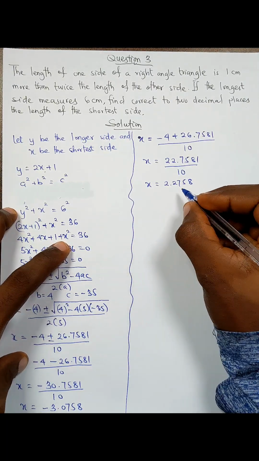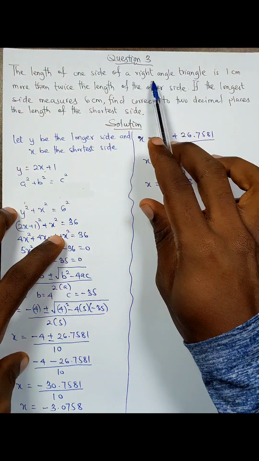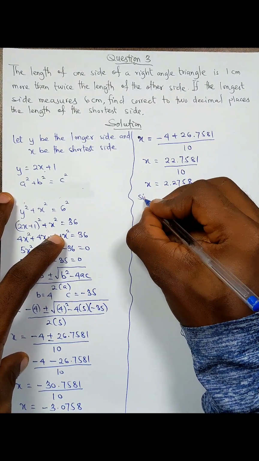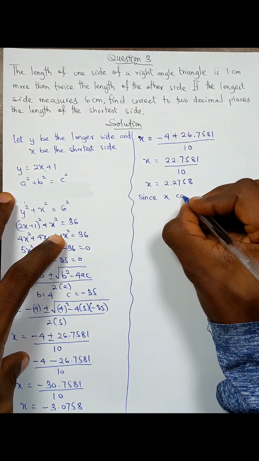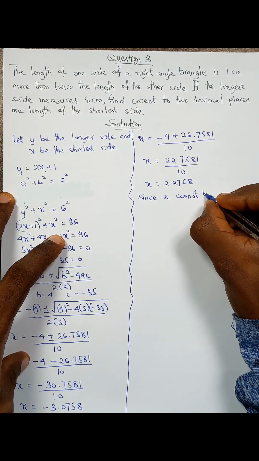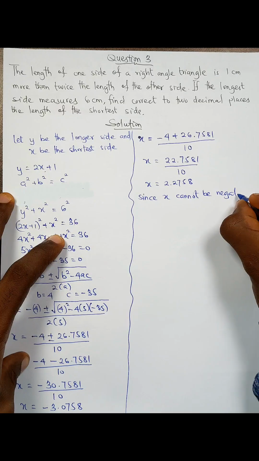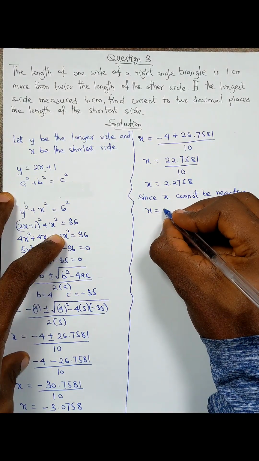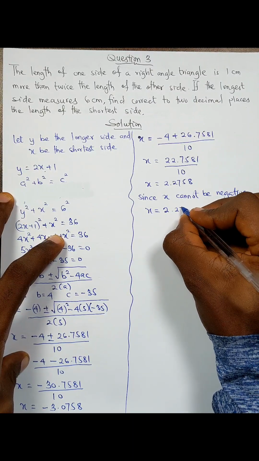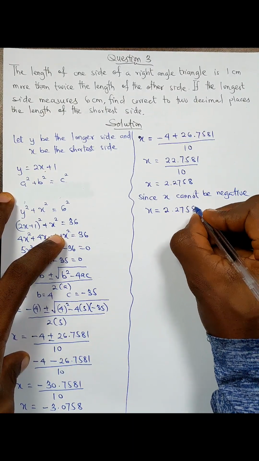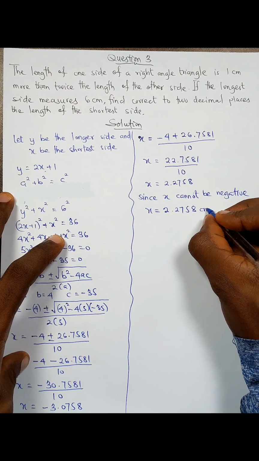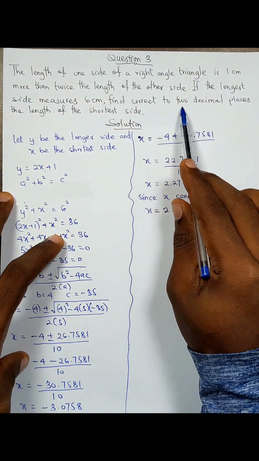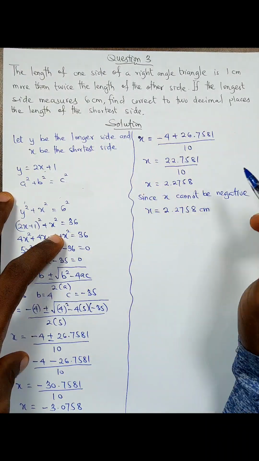Now these are the values of x, but we know that the length of a side of a right angle triangle cannot be negative. So you write, since x cannot be negative, x is equal to 2.2758 centimeters. But let's not forget that the question says we should find correct to 2 decimal places the length of the shortest side.